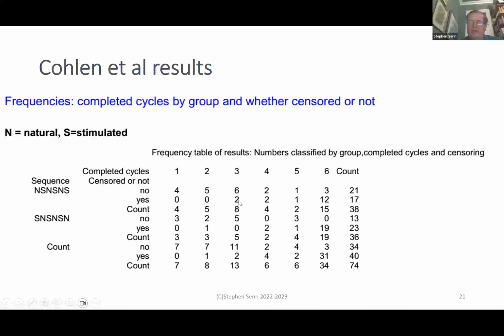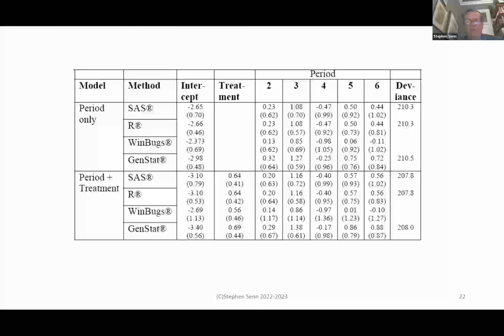There are the 2 here, 12 on the final sixth occasion. That is, in fact, when they were stimulated here. So this is a sort of condensed summary of the results. You can use these if you want. By the way, these data are available on the web somewhere. I think I give a reference.